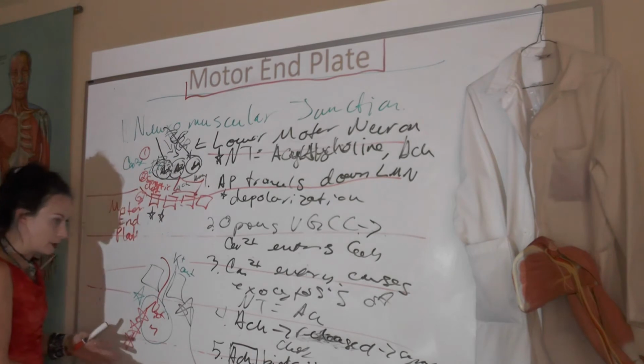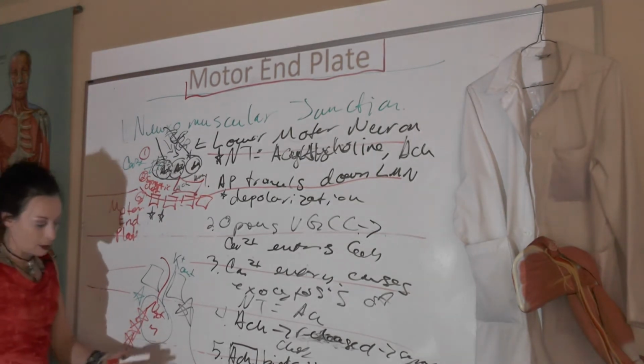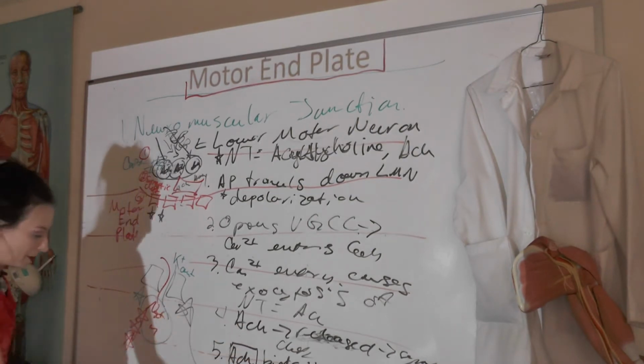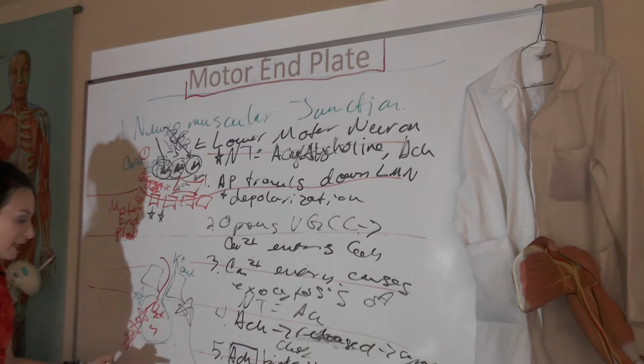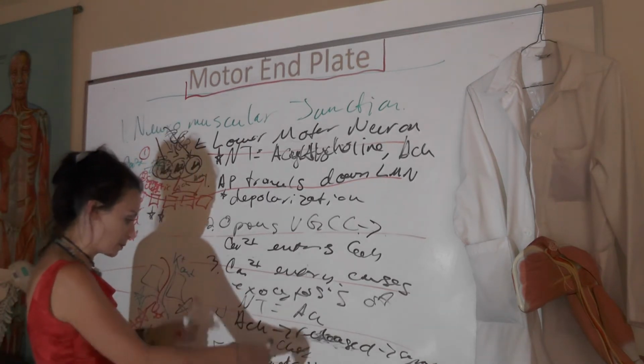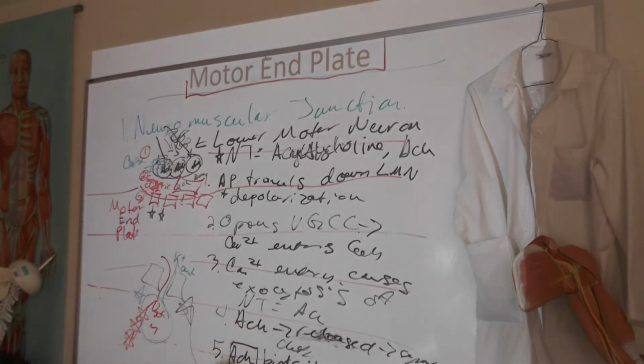So that might be where, I think 6 in your book is the end of this. 6 on my board right now would be this opening causes the end plate potential to develop, but I guess I can just write that as the end of 5. So acetylcholine binds its receptor, which is a cation channel. Yeah, that makes sense. Perfect. The end plate potential develops. We're just going to pretend there was no doubt. End plate potential develops.